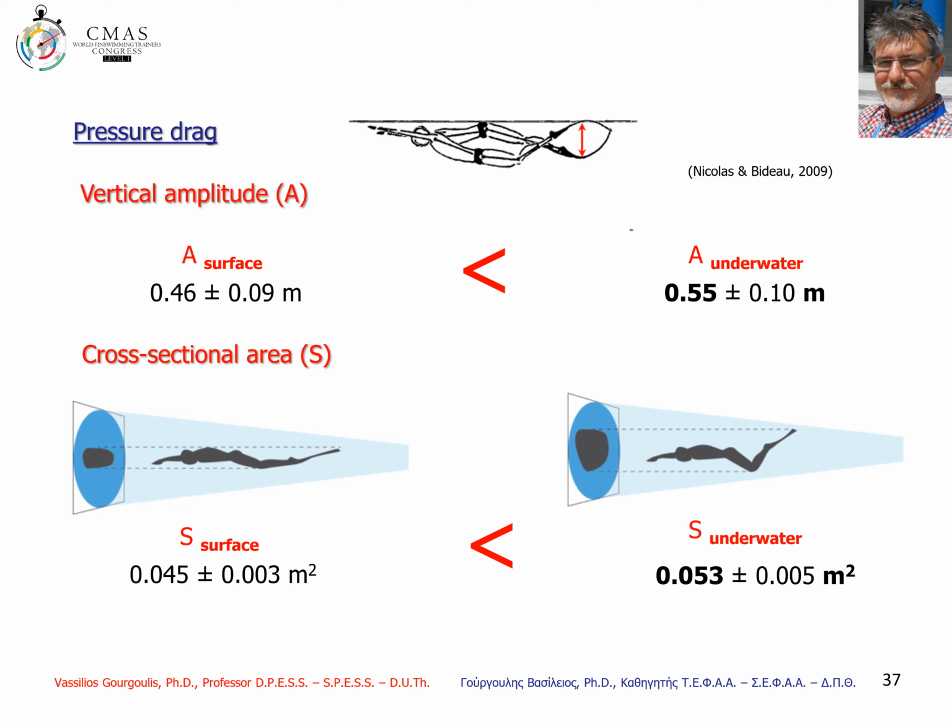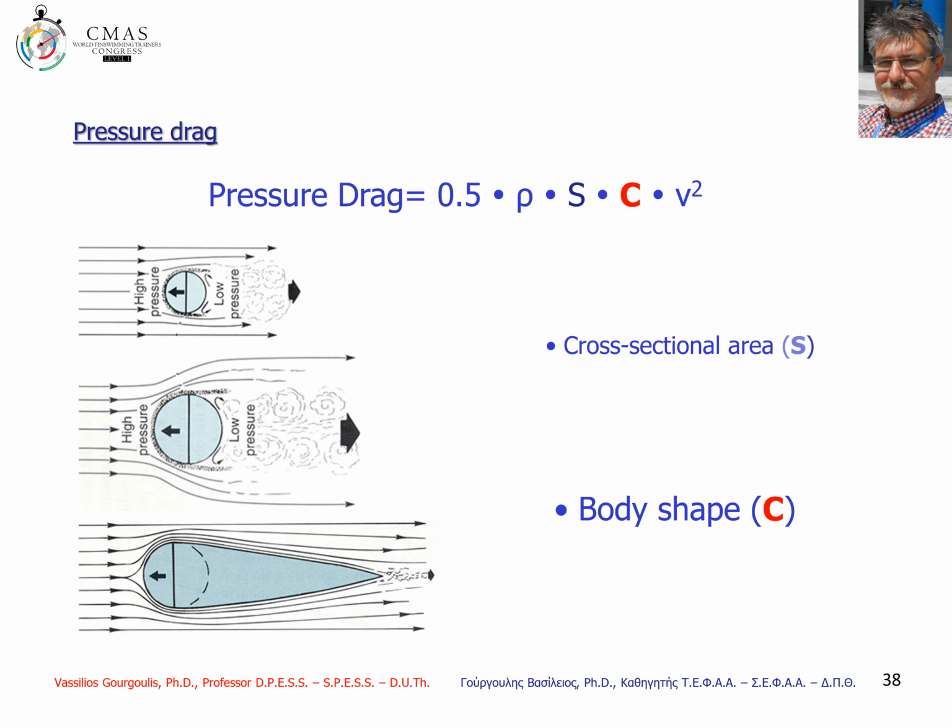The smaller vertical amplitude for surface swimming points out that the surface of the water reduces the freedom of motion at the ankle joint. To reduce cross-sectional area and therefore pressure drag, a good streamlining is advised, which involves minimizing excessive vertical movements.